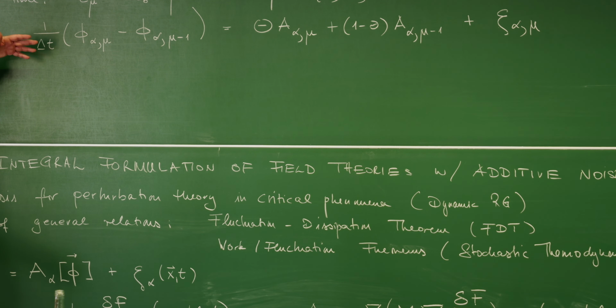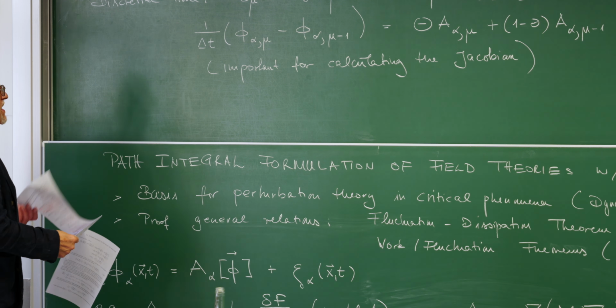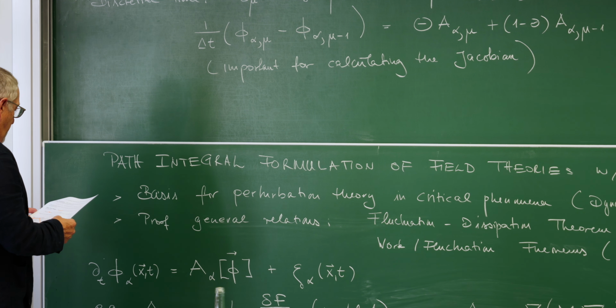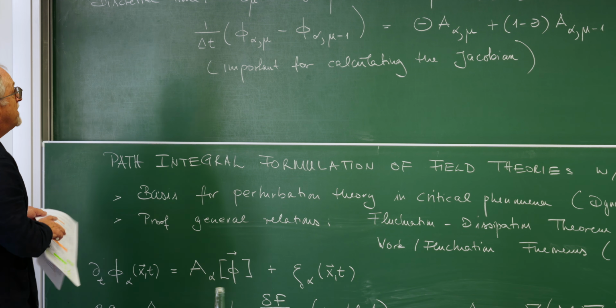Good. Now, let me write out what we do get when we perform this kind of integral. So the starting point to map the probability distribution function of the noise to the probability distribution function of the field is the fact that there's a one-to-one mapping between the two. For each noise trajectory, there is a field trajectory.